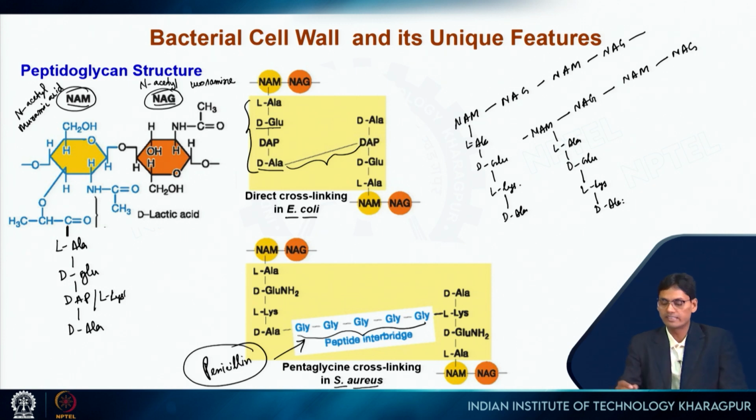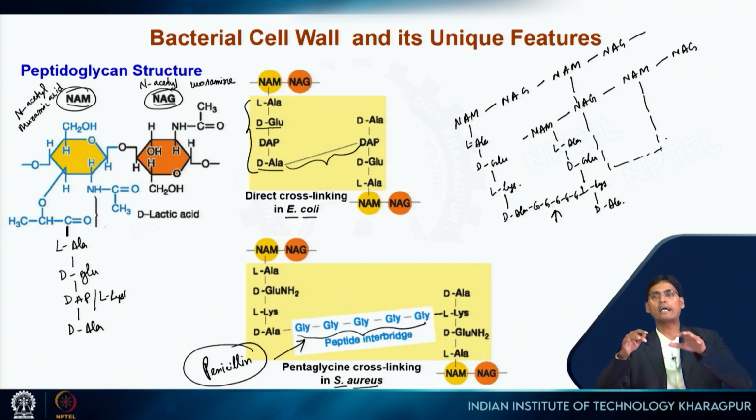Now this D-alanine is attached to this L-lysine by pentaglycine in case of Staphylococcus. This is the cross-linking. Again, peptides hang from this NAM and from here also, and again there is cross-linking. This way it makes a strong mesh, and this layer is present in much greater quantity in gram-positive bacteria compared to gram-negative bacteria.